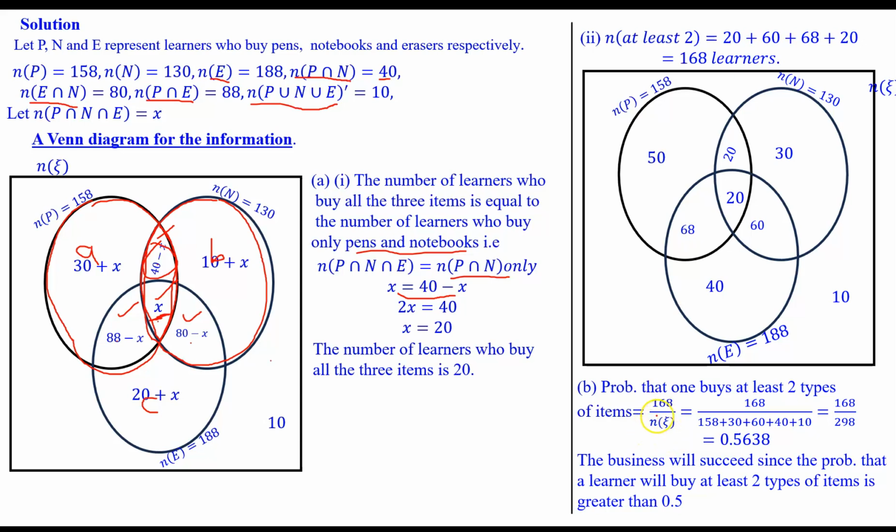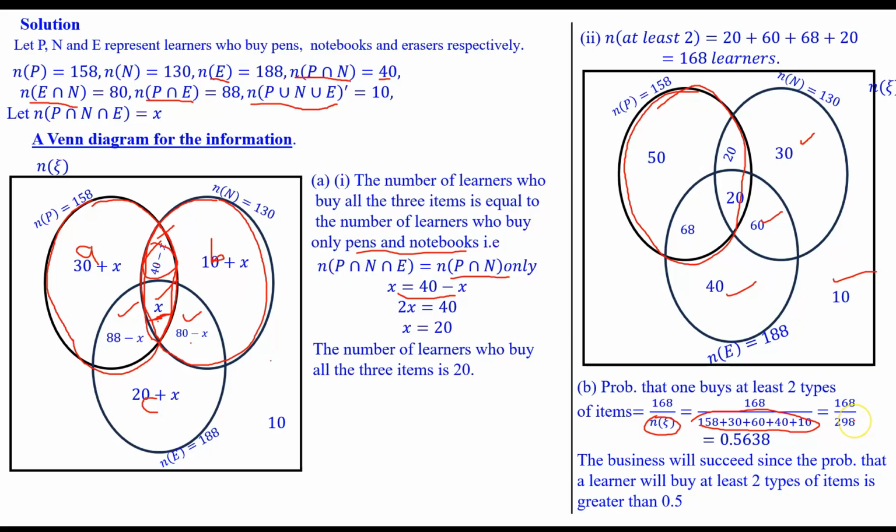We are not provided with the number of universal, so we can add all these ones. To add quickly, this one is 158 inside, you add 30, you add 60, plus 40, plus 10, and that's what we have here. So it will be 168 over that, which gives 168 over 298.